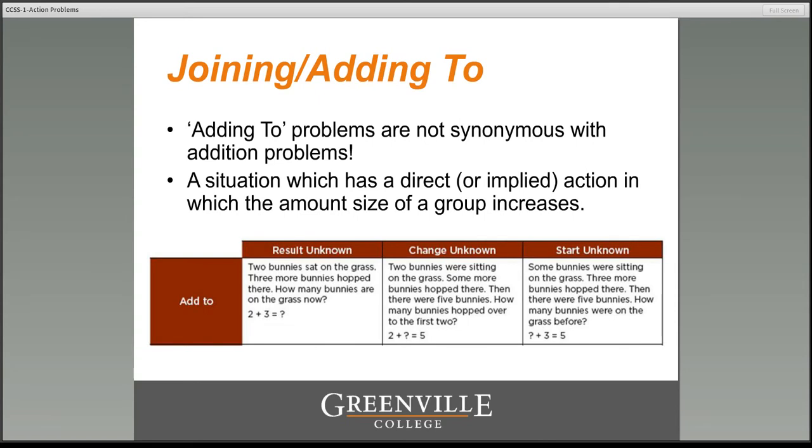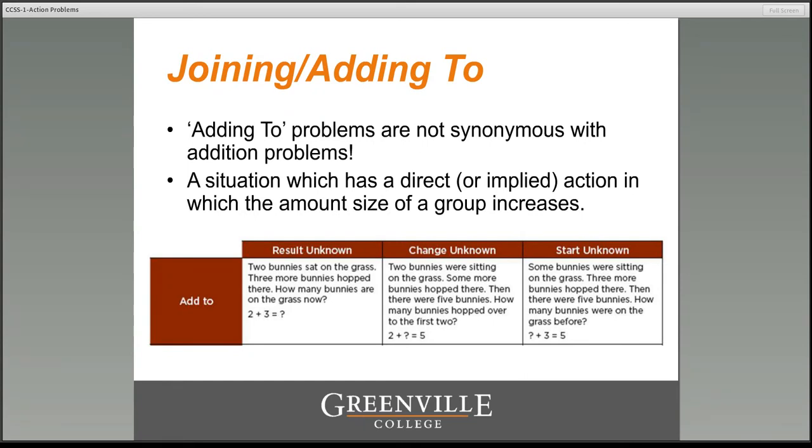Now, when we call these adding to problems, it does not refer to addition. This is probably one of the more confusing parts to think about. Rather, it's the type of action. So when you look at the examples here, you can see that when the problem is a result unknown, the first example, the column to the left, then the action, the situation in the problem, directly results in what you would call a classic addition expression.